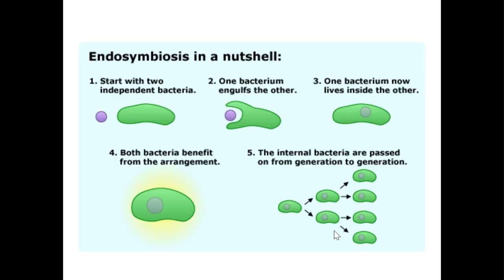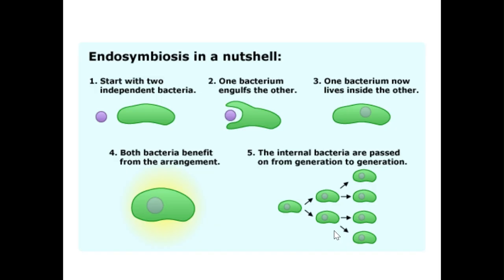And so then the purple bacteria is brought inside the cell within the membrane of the bigger green bacteria. I know that seems kind of weird. It would be as if we had opened up our mouth and then basically taken all the skin on the inside of our mouth and put it around our food and then brought that down. That's not something that works in multicellular world, but this is how single-celled organisms eat.